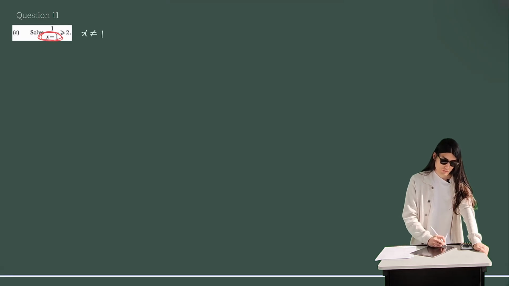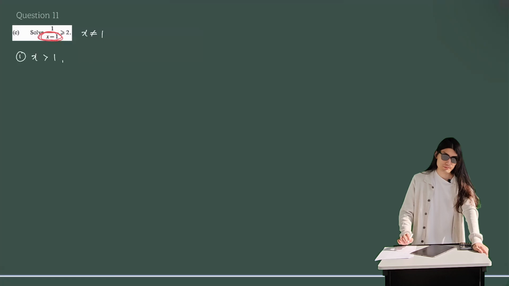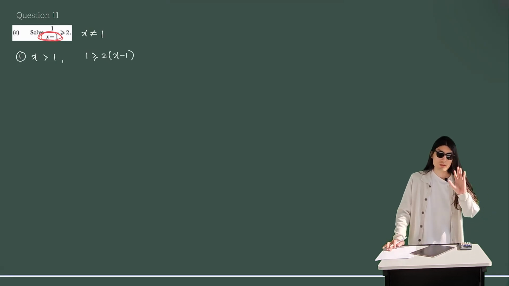But now, if x is bigger than 1, that means that denominator x minus 1 is a positive number. And if it is a positive number, of course, we can multiply both sides of the inequality by x minus 1 without the inequality sign flipping, can't we?